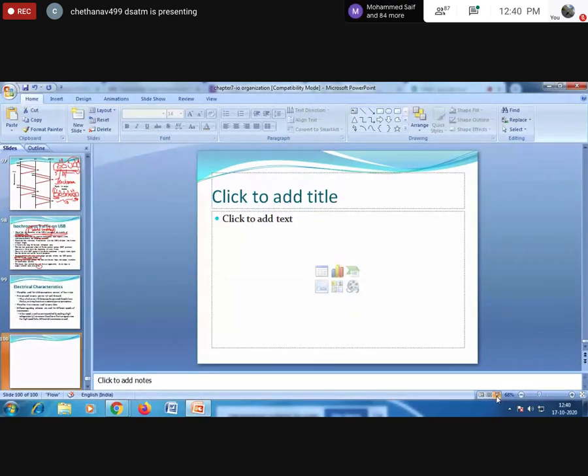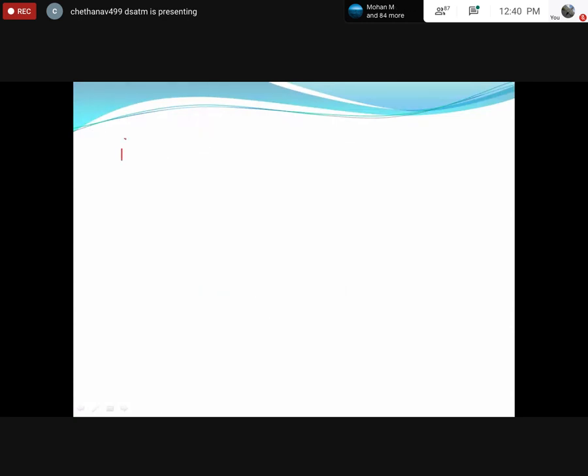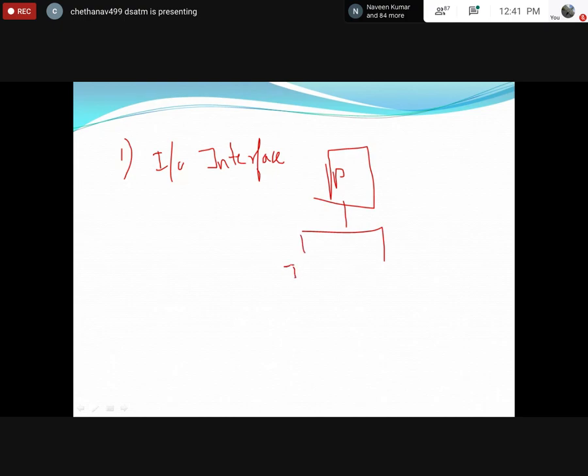First concept is input output interface, that you should study. What is interfacing? That means how the devices will be connected to the processor. So this is the processor, and now I have connected my n number of input devices. So how will I connect? You have to study that with the data in, data out, and status signals like S in and S out. After that the second concept is DMA.